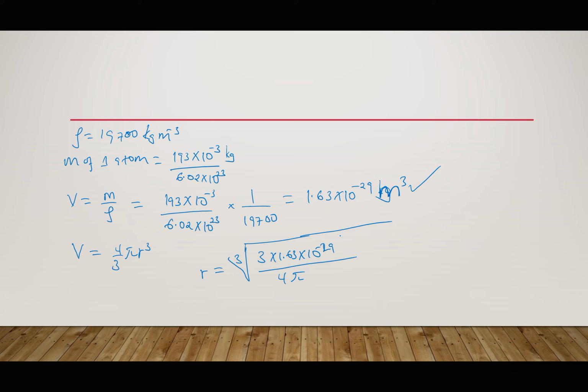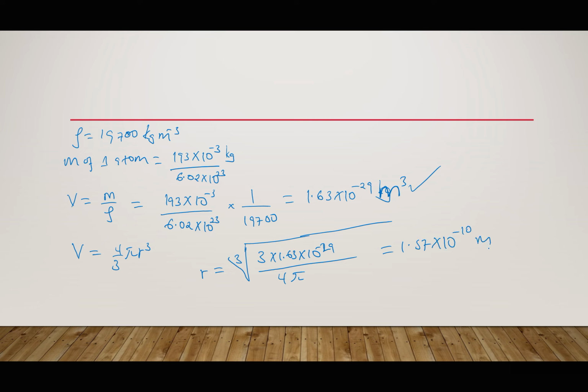Three times 1.63 exponent minus 29 divided by 4 pi, then cube root of the answer. So this is giving me the radius as 1.57 times 10 to the power of minus 10 meters.